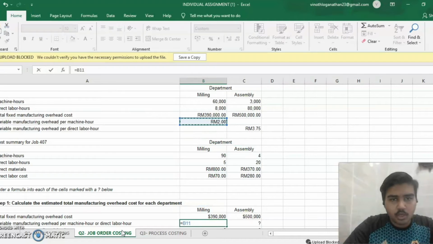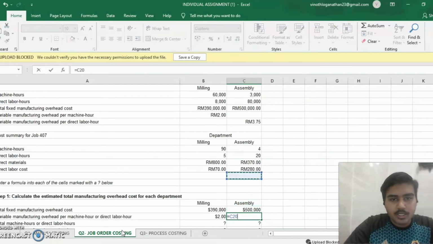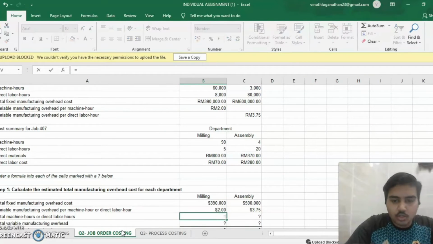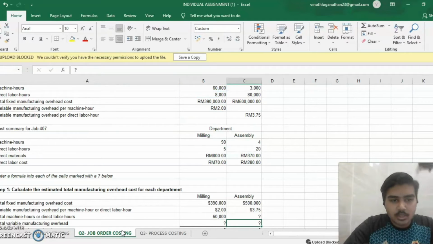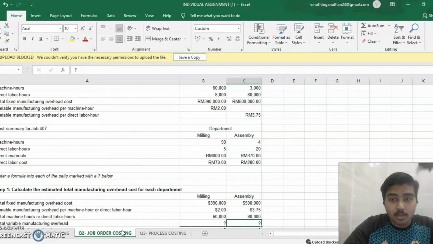And then you go for the variable. So here for milling, we go for machine hour. For assembly, we go for direct labor. And then the total is this, we should go for here. Machine hours is 60,000. This is 80,000 because you're going for direct labor hours.